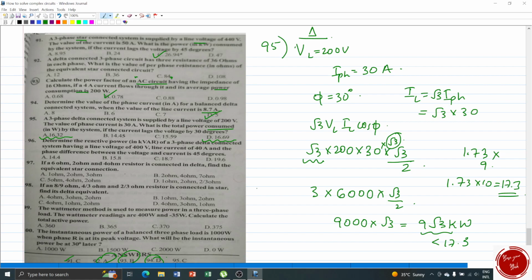Okay, we'll do this directly: 9 times 1.73 is 15.57. So 15.59 is the right answer, 95, option C.